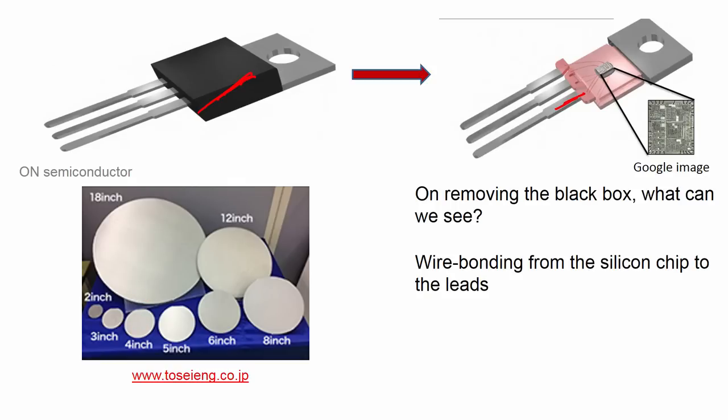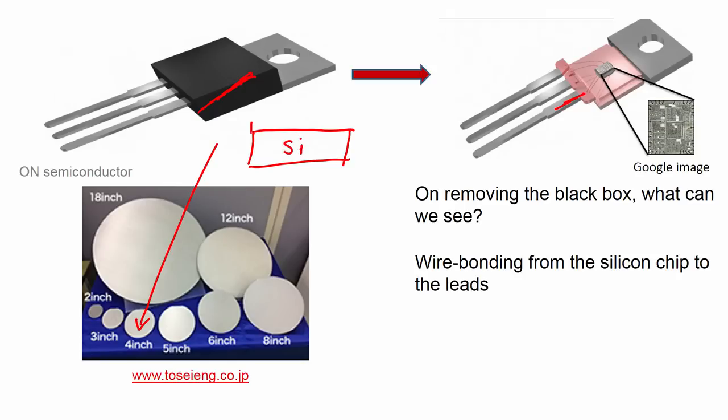So, let us see. If I have this silicon wafer, let us consider this wafer which is 4-inch, and I am drawing a cross section. So, this is silicon.